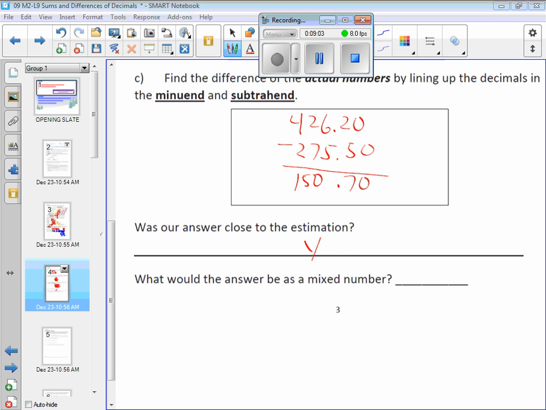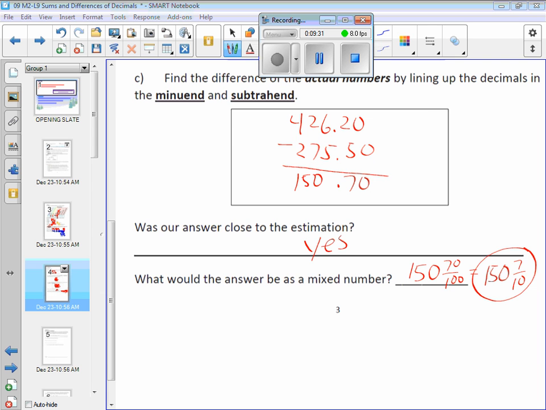Absolutely, yes. Now all we need to do is take that 150.70 or 150.7 and change it back into a mixed number. Krista. Right, if you put 70 over 100, that's okay too, but then you want to reduce that 70 over 100 to 7/10, and that becomes your final answer.